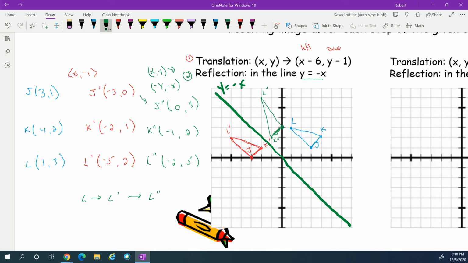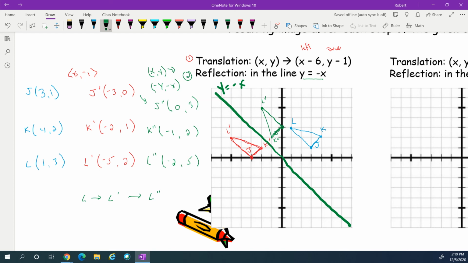And again, we can catch any mistakes because it's easy to see. So labeling our points, L, L prime, L double prime. Original, after the first step, after the second step.